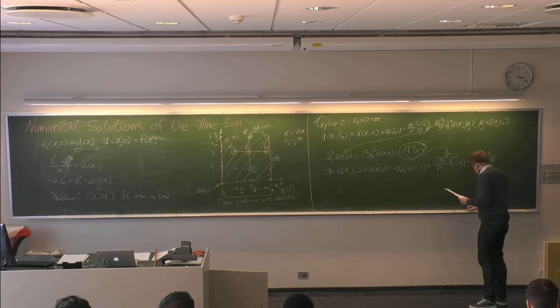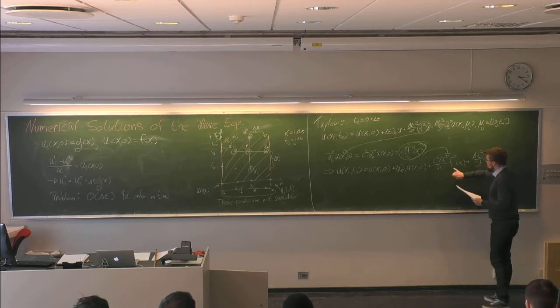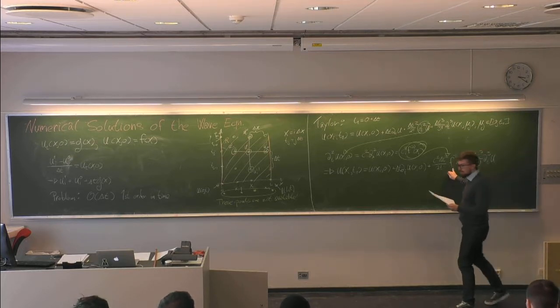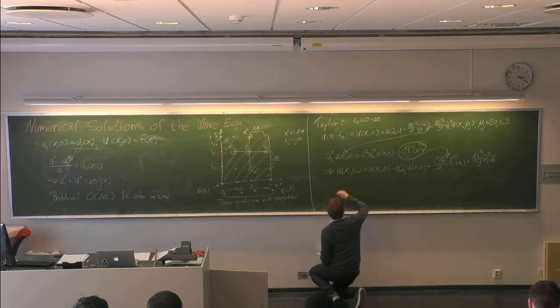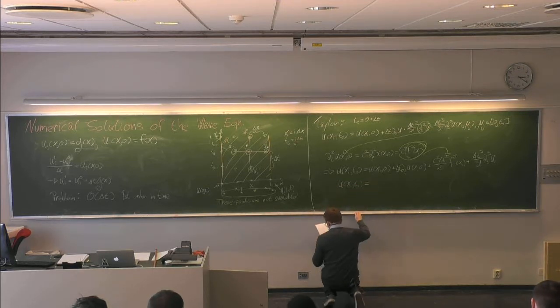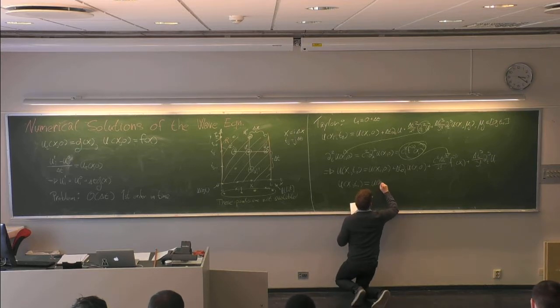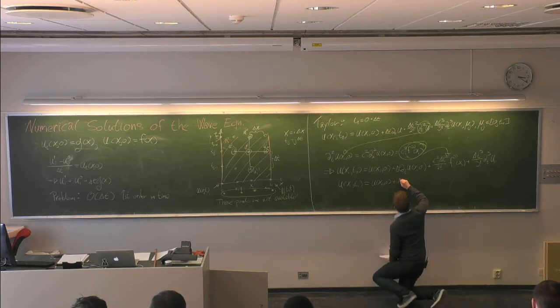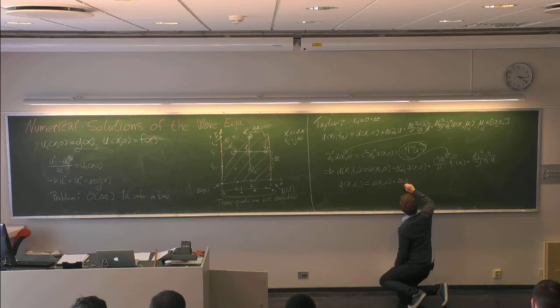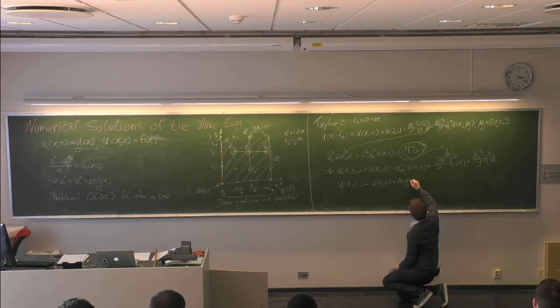Then we can approximate this using central difference. And we get pretty much the same thing, only that this time we have xi 0 plus delta t g of xi.